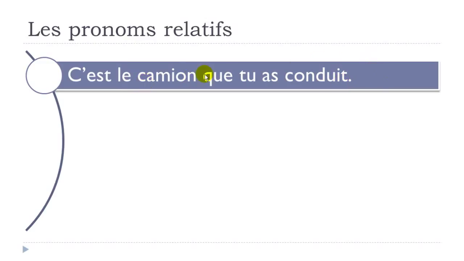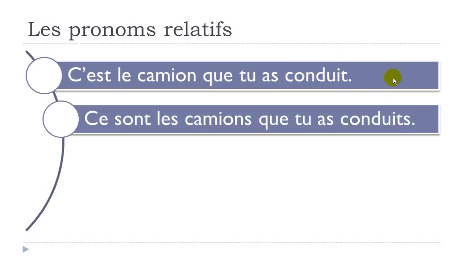So in that case, of course, we've been using this pronom relatif, que, okay, and it's complément d'objet direct, all right. It is before the verb tu as conduit here, so normally it does mean that the rule tells us to put something at the end of the participe passé if it's the feminine or if it's the plural or feminine plural. In that case, we've got le camion, so we don't put anything at the end of conduit. We just leave conduit like that, okay?